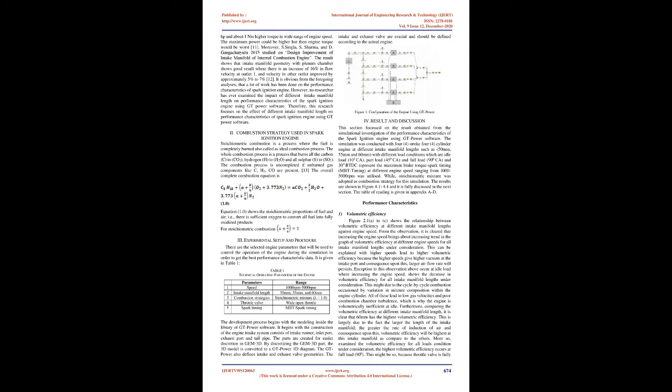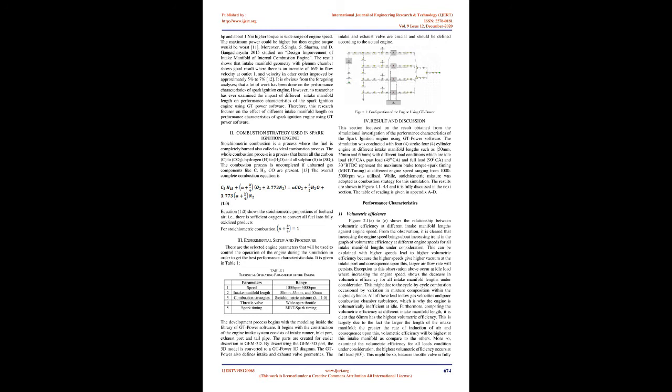Moreover, S. Singla, S. Sharma, and D. Gunga Charyulu, 2015, studied design improvement of intake manifold of internal combustion engine. The result shows that intake manifold geometry with plenum chamber shows good result, where there is an increase of 16% in flow velocity at outlet 1, and velocity in other outlets improved by approximately 5% to 7%.